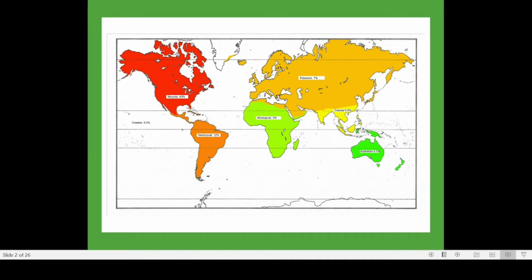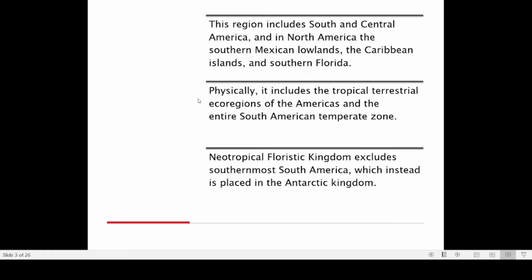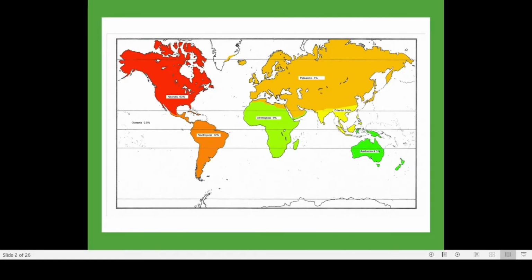And this small projecting portion is known by the name Florida. Florida is actually part of the USA, and the southern portion of Florida is also included in the Neotropical region.